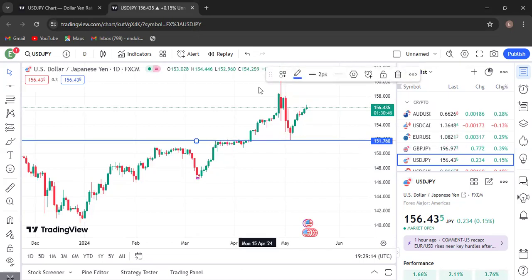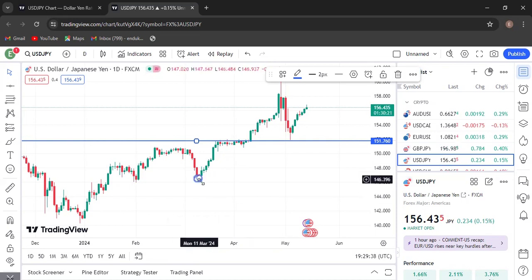So you can use your horizontal line to mark out horizontal support and resistance. Just that you don't use just this, because like I said when I was teaching, support and resistance are in zones. They work with zones. They don't work at just one point.